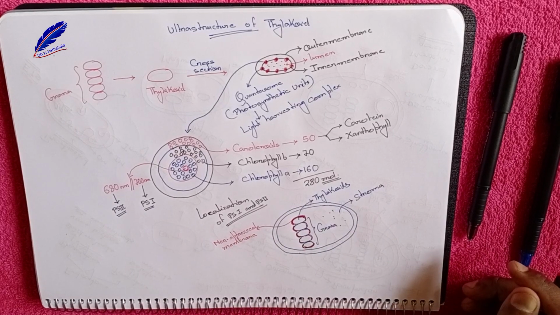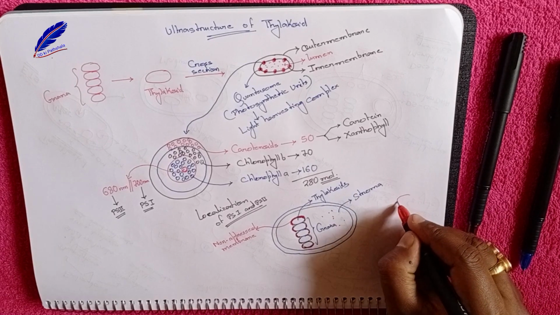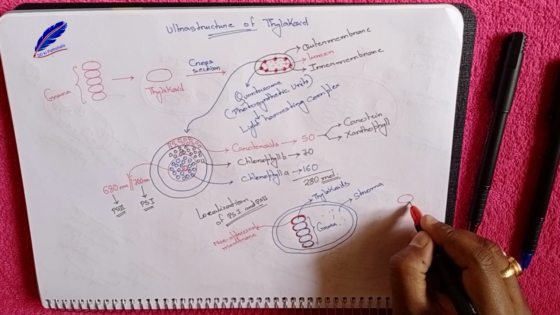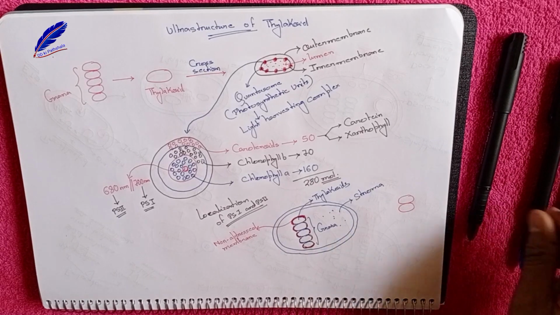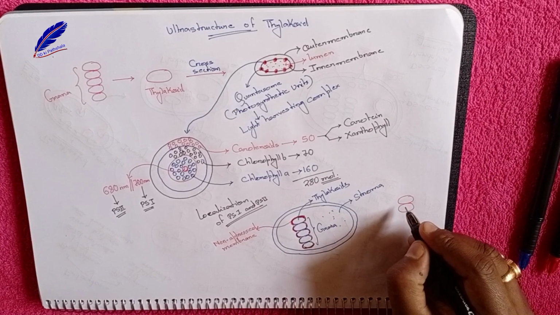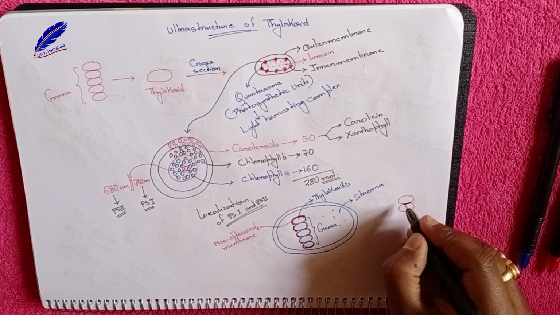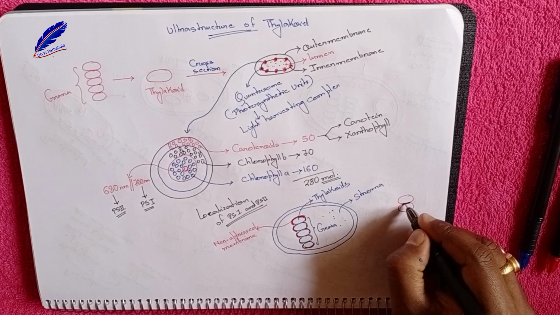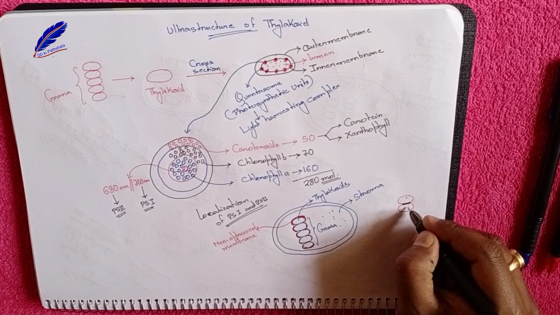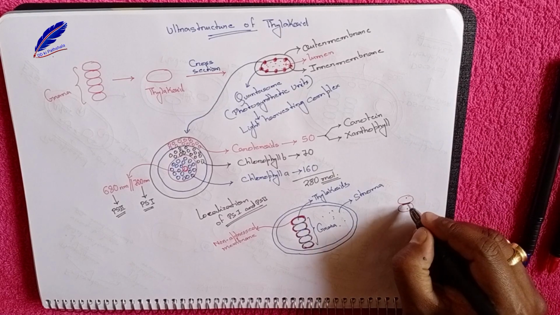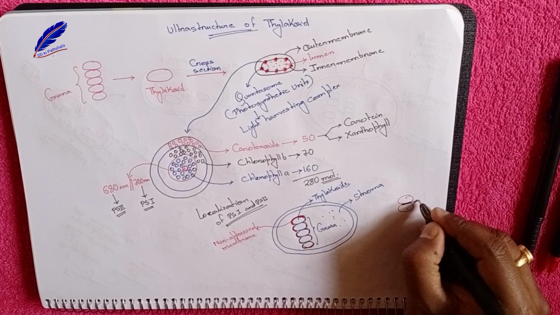What does appressed mean? Appressed means when one membrane touches the other membrane. This junction site, where the membrane of the upper thylakoid touches the membrane of the lower thylakoid, is called the appressed membrane.